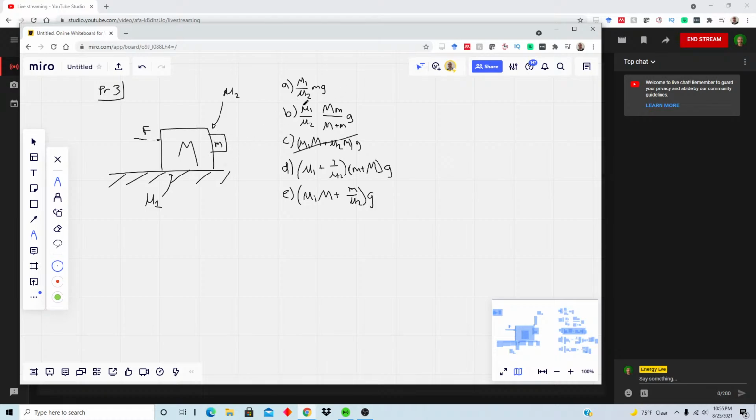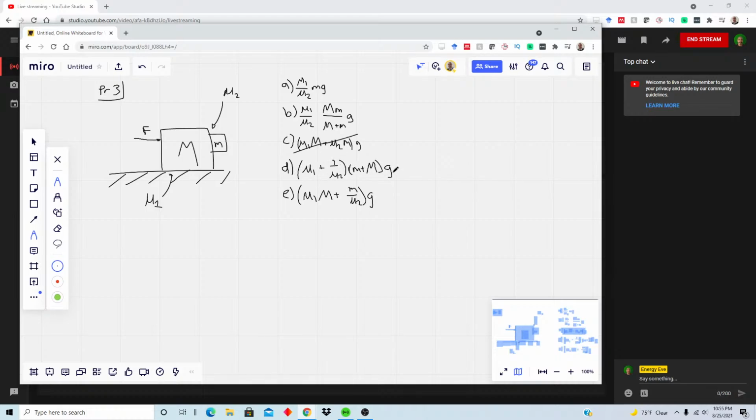Now let's say mu2 is really, really large. Here's another aspect: if mu2 is very large, then we might not need too much force, so the force could be a lot smaller. We kind of see that in this one: if mu2 is very large, the force required to push it isn't much. Same thing with B. With this one, though, we have the problem that if mu2 is very large, this drops off to zero and we're left with a constant force.